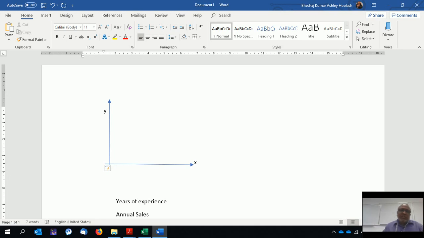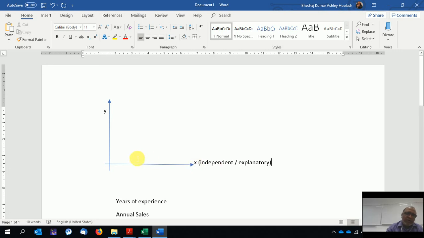Now the question is which one goes on the x, which one goes on the y. So before I give you the answer, I'll give you a hint. Another word for x-axis would be the independent variable. Another word would be the explanatory variable. So you know it as x, you know it as x-axis. From now on, remember, it could also be known as the independent axis and the explanatory axis.